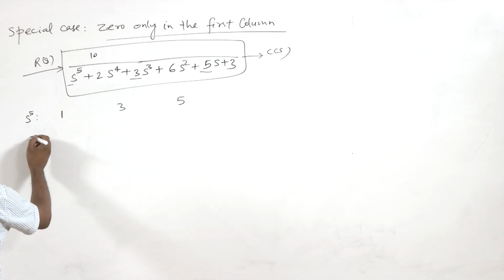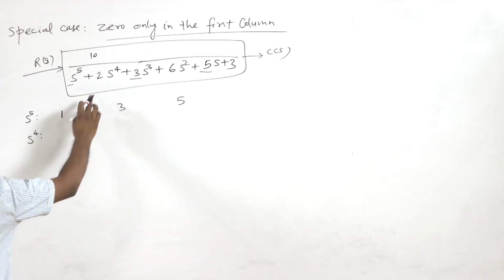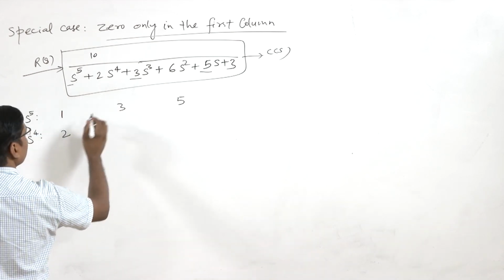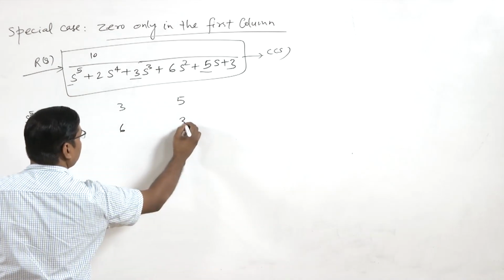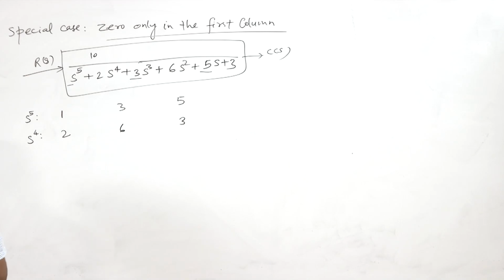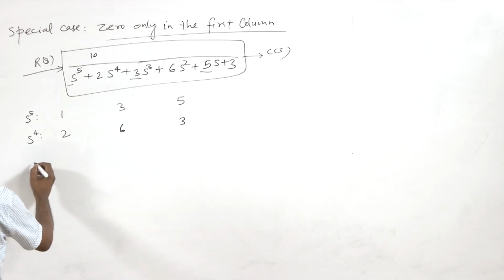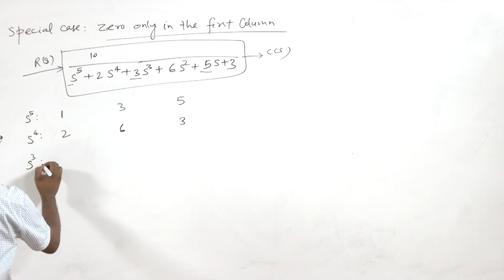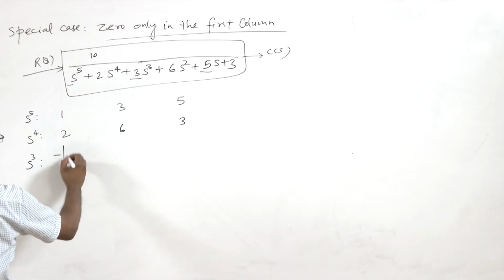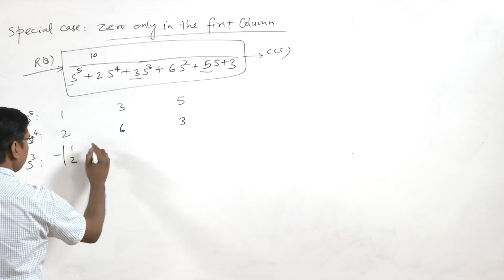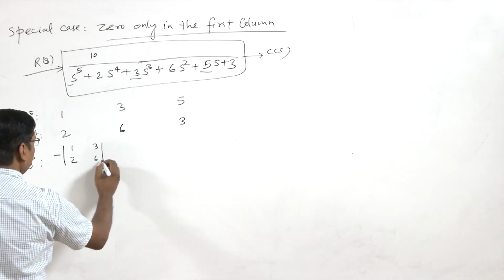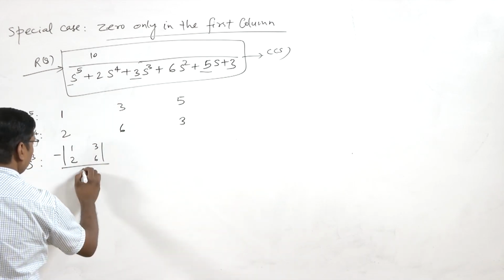Then s power 4: 2, 6 and 3. Then s power 3: we take minus of this column 1, 2, then the next column 3, 6, divided by 2.